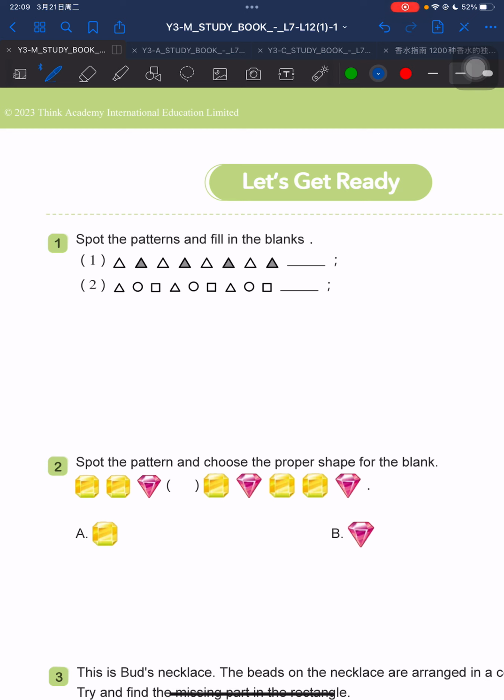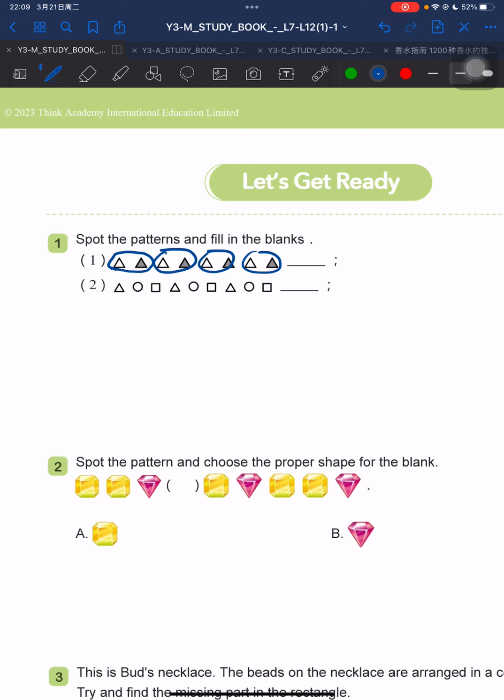So I find the pattern is like I have the white triangle, gray triangle, white triangle, gray triangle, white triangle, gray triangle. And these two triangles are in a group and I repeat it again and again. So we would say this repeated pattern is a cycle.